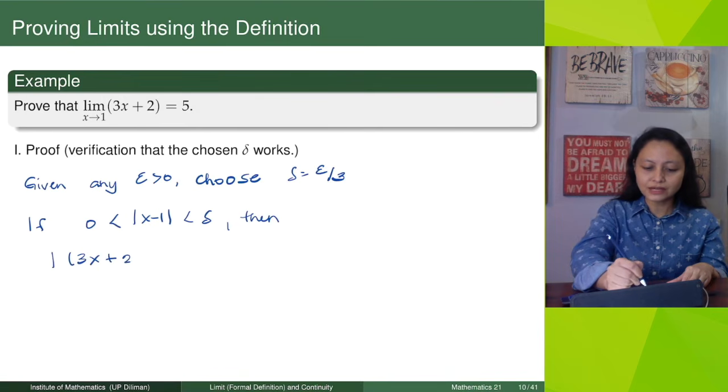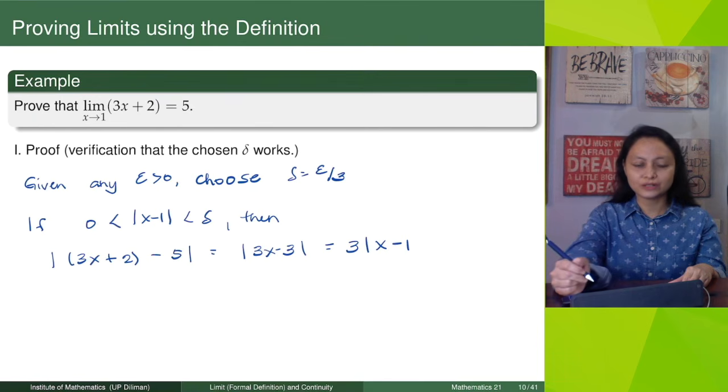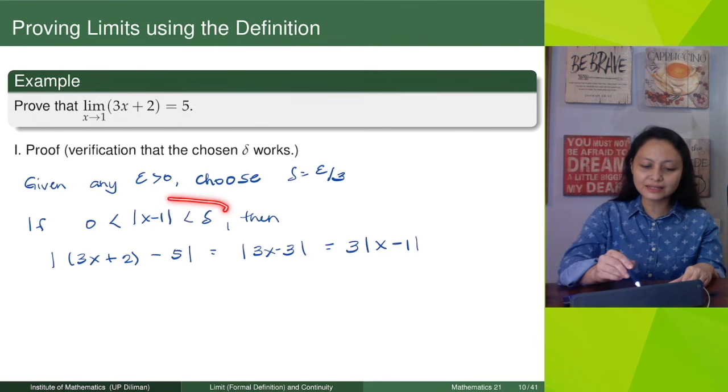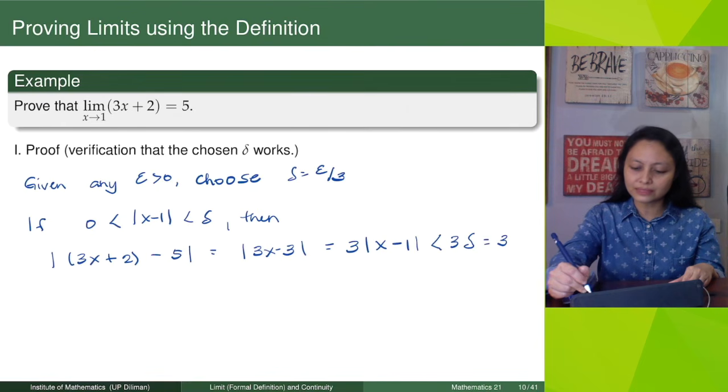So f of x is 3x plus 2 minus the limit, which is 5. This is equal to 3x minus 3. And again, you can factor out 3, absolute value of x minus 1. Using this inequality, this is less than 3 times delta. And since delta is equal to epsilon over 3, this is equal to 3 times epsilon over 3, which is equal to epsilon.